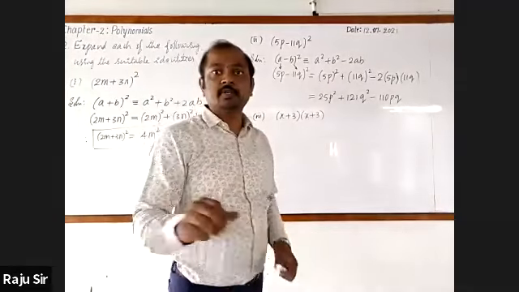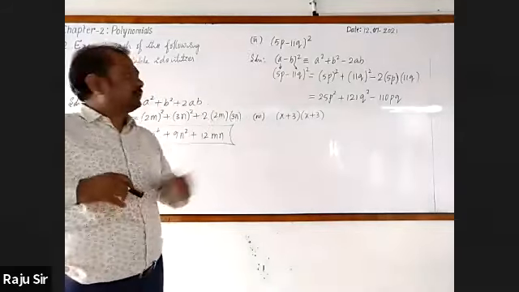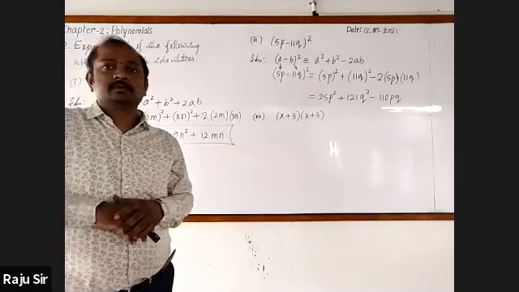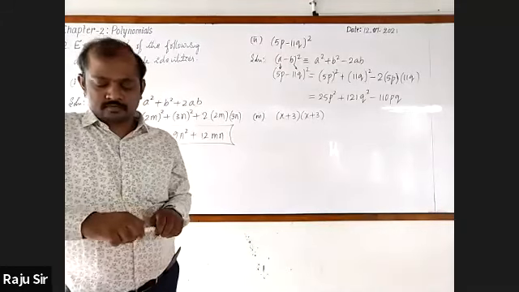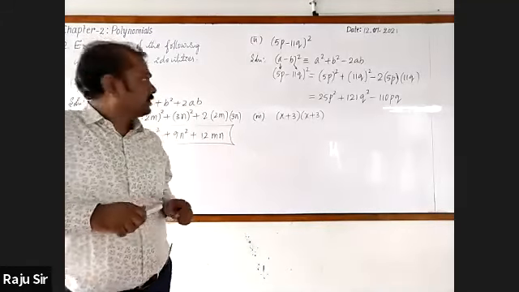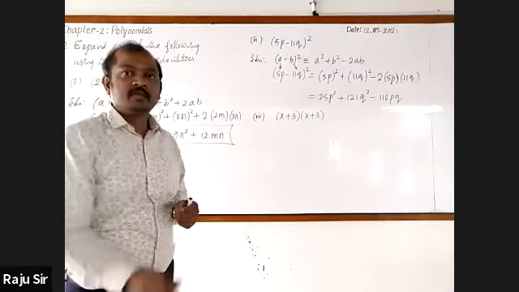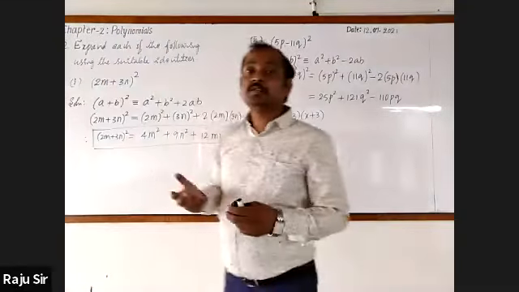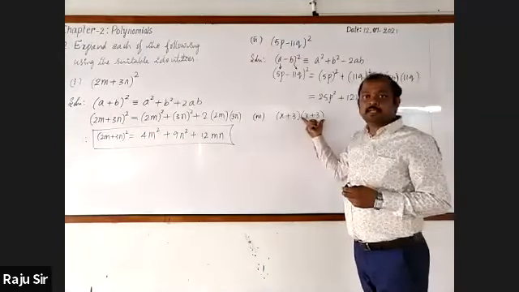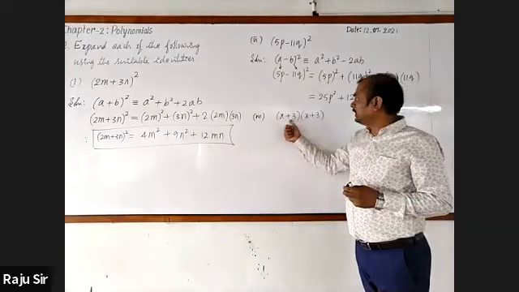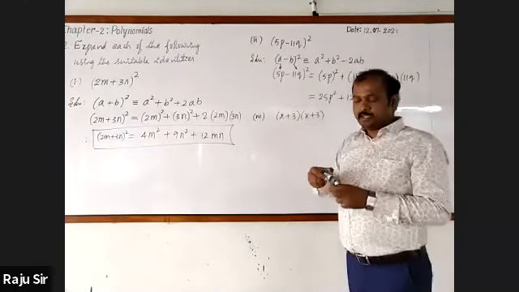This time I'm giving the chance to Amol K. Could you tell in which form it is? A plus B whole square. First term is the same, second term is also the same, sign is also the same. Therefore, it is A plus B whole square.